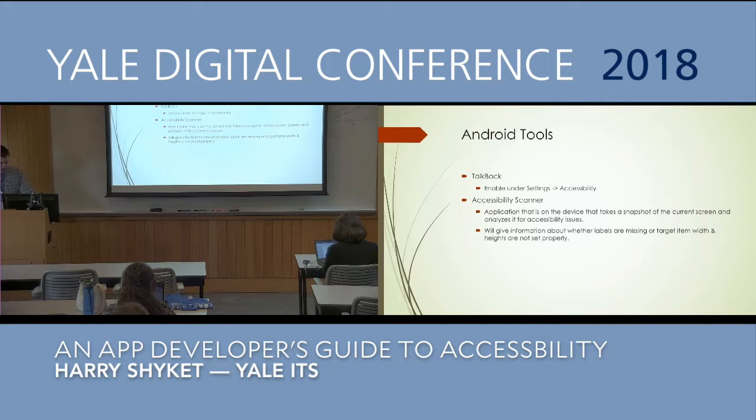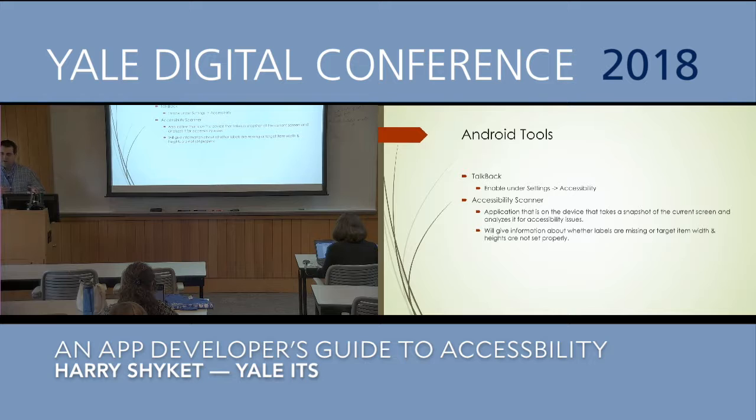Android tools: TalkBack. It's similar to VoiceOver, it talks to you through the use of gestures or keyboard. And there's also an accessibility scanner, which is a neat automated tool for Android that will take a snapshot of a mobile app screen or any screen on your phone and give you hints. Obviously it's not going to do all of the accessibility review for you, but it'll give you hints. Your color contrast is low.